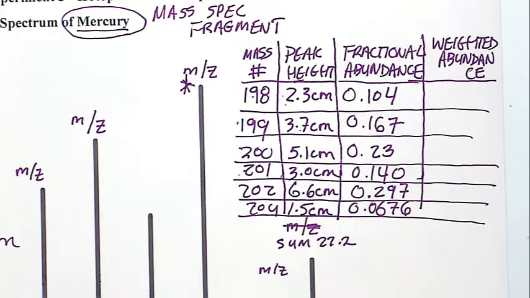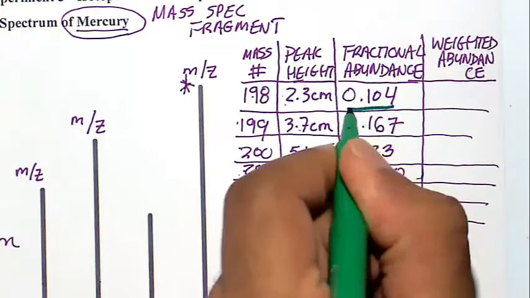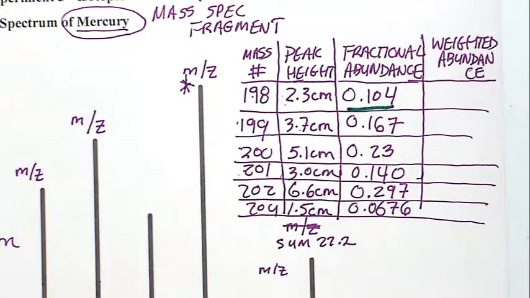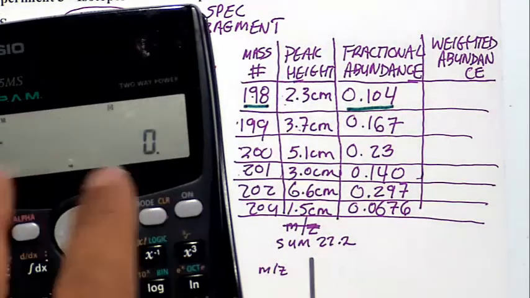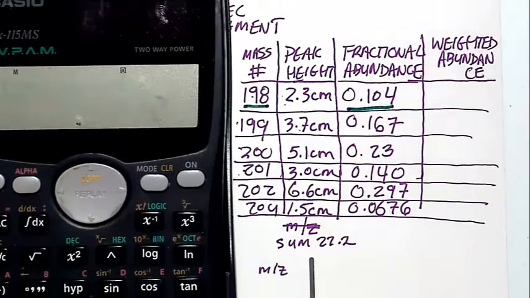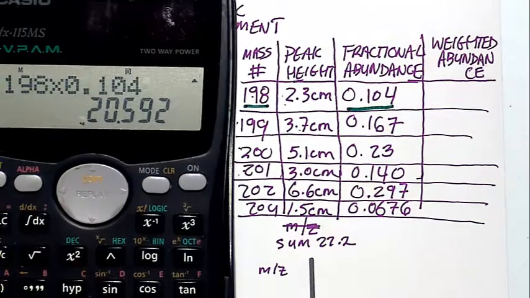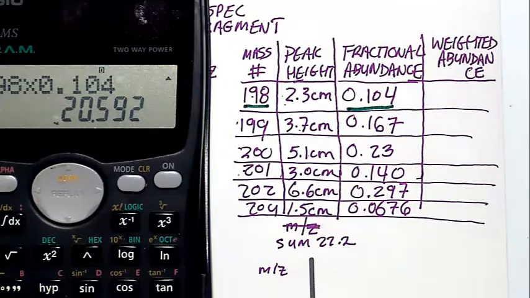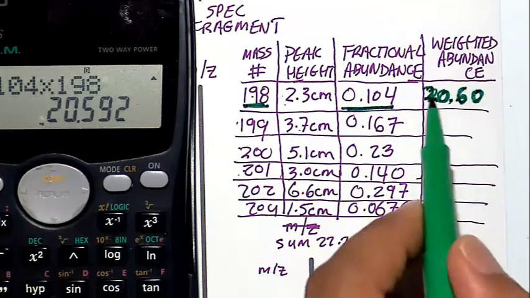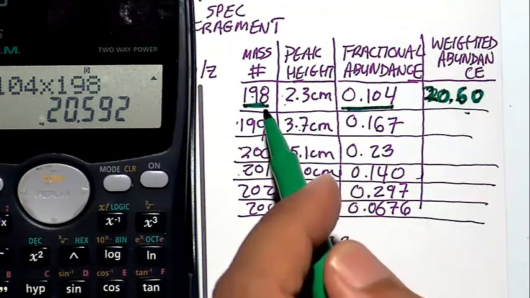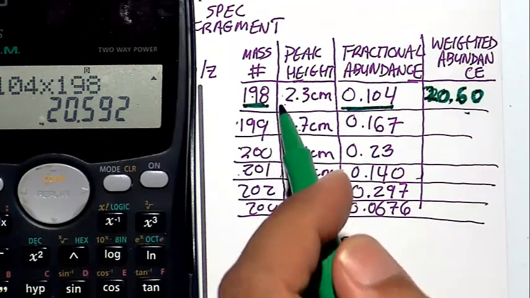So in order to get that, I will take the fractional abundance, that is how much that existed in the mass spec, times its mass number, which is the number of protons plus neutrons. So multiplying 198 times 0.104 is going to be 20.59. So we'll just call it 20.6. And that 20.6 represents the weighted abundance of isotope 198 of mercury.